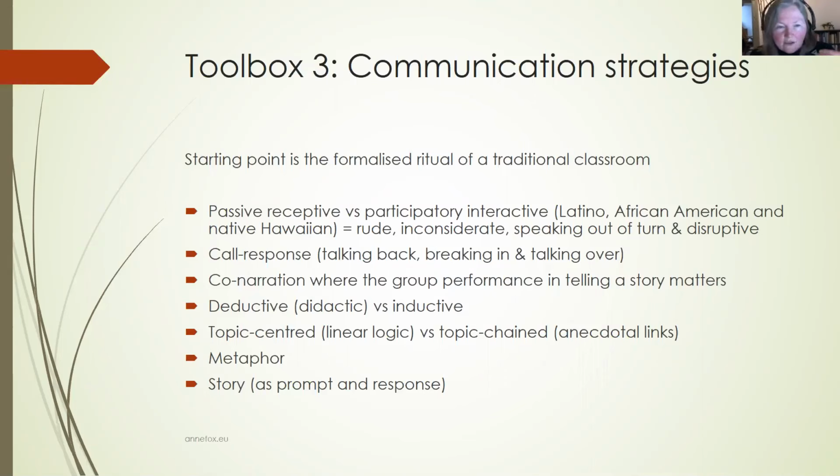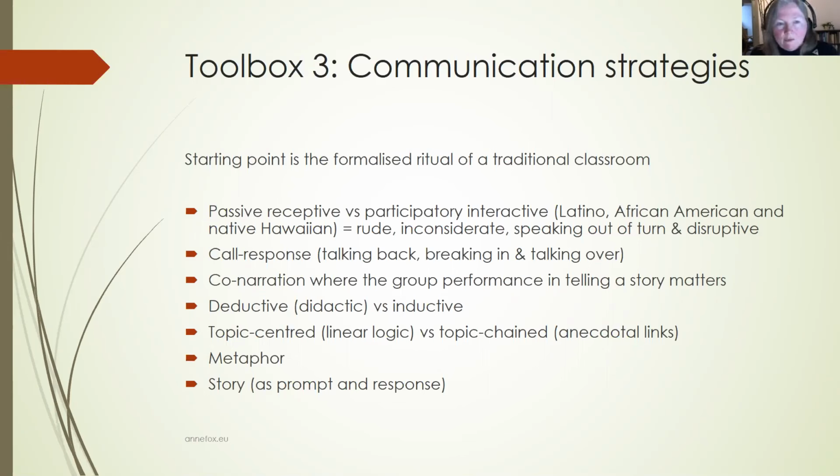And I've just used one word there, metaphor, but it's actually very important. And the fact that metaphor can be much more important in some cultures than others, and you will communicate much better if you use metaphor, or if you are able to respond to metaphor. And of course, that leads to story as a way of imparting information, and also as a way of showing what you've learned.